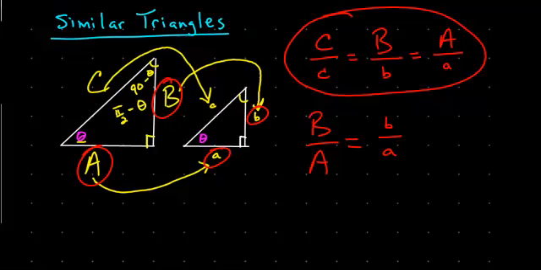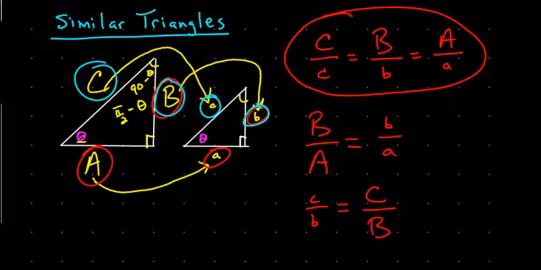You could also do something like little c over little b equals big C over big B. You see, as long as we do corresponding sides in our ratios, we're always going to get the same ratio. We're going to get that factor.